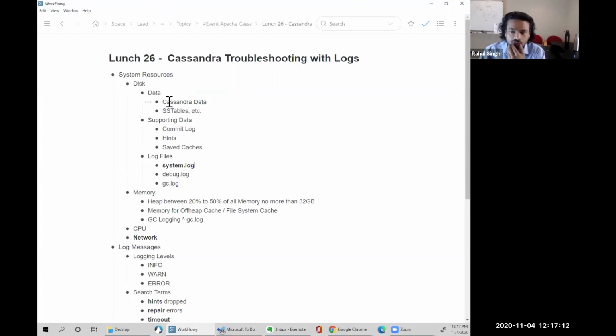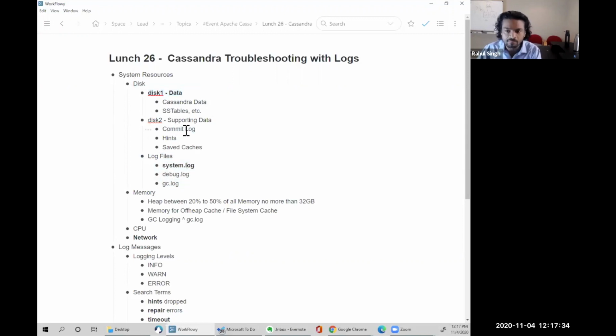So to get the best throughput in Cassandra, we separate the disk. We have a separate disk for data, and then there's supporting data. The reason I call it supporting data is that there's the word log here, but this is different from the log files, right?